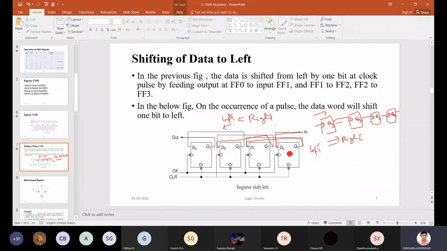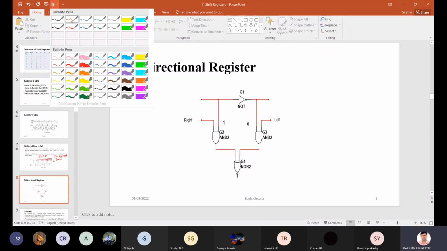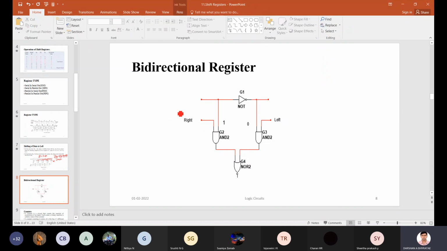If I want to make a combination of left and right, left to right or right to left operation, at that time I am going to use this register, this circuit. So that is what we call a bidirectional register. Okay. And next, is it clear?